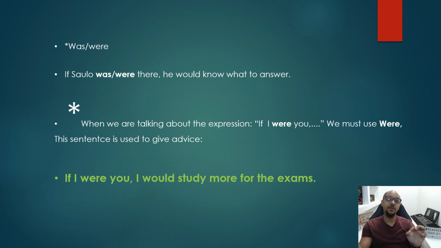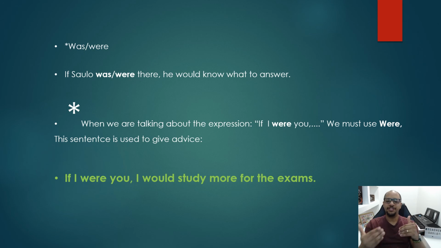But look at this case, because we have a special case here with the expression if I were you. If I were you, I wouldn't do that. If I were you, I wouldn't skip the class. Okay? So if I were you is used to give advice.